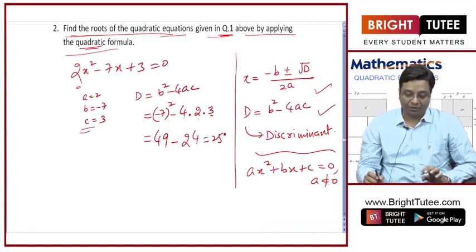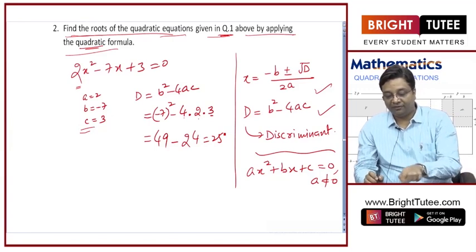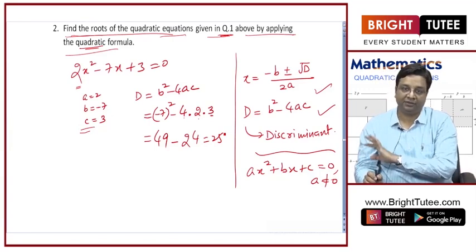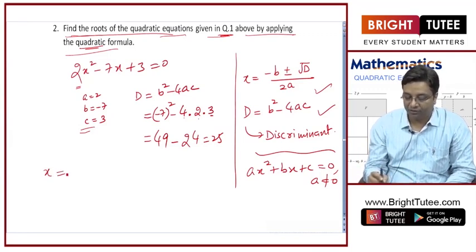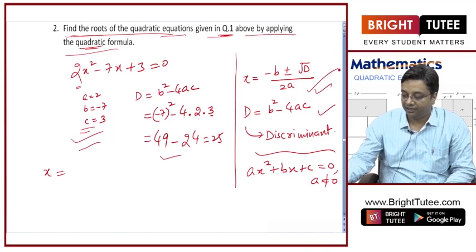For this question I have shown you how you take the values of a, b, c and the discriminant d. Now the question is very simple. You just need to place the values of a, b, c and d here.